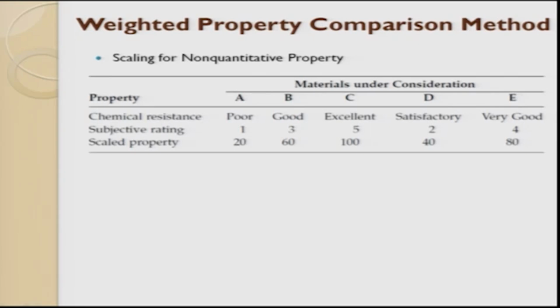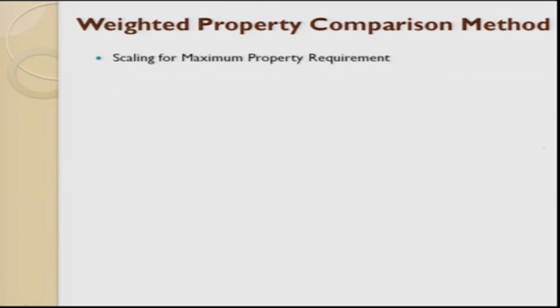Now what did we do? We converted all these qualitative terms into a subjective term. That means to say this is extremely poor, this is extremely rich. Then we tried to multiply it with a factor and get the scaling properties. So how did we do that? We will see for maximum property.